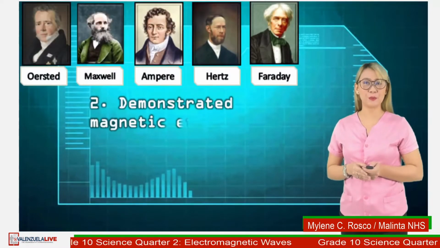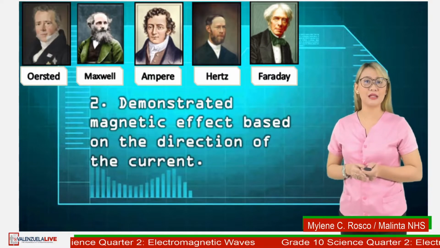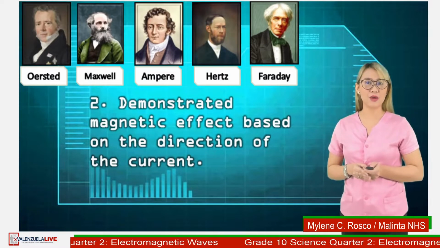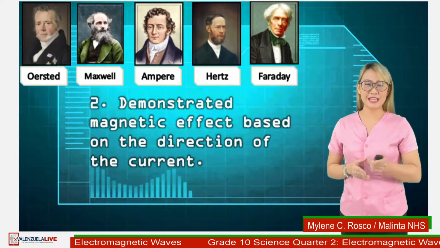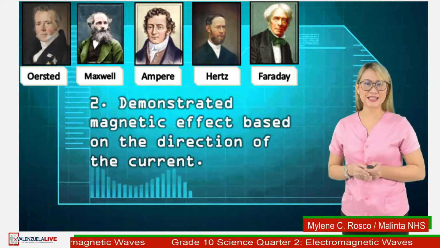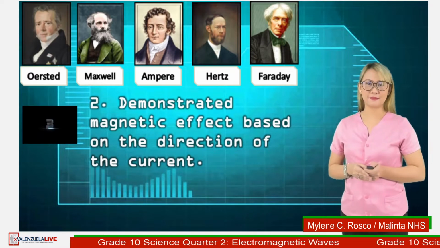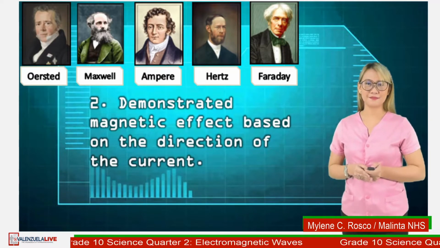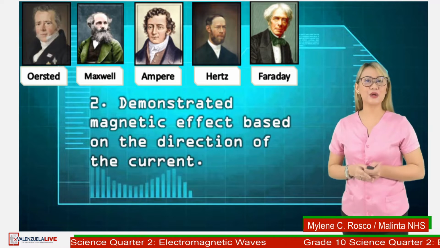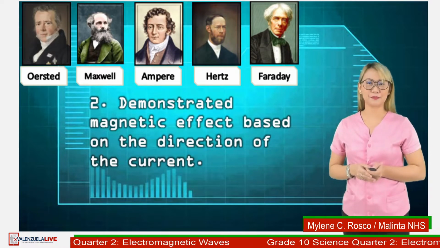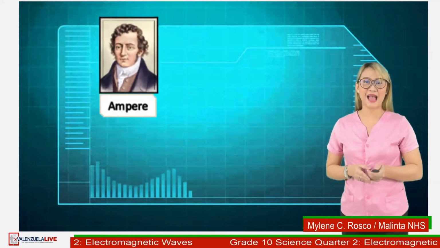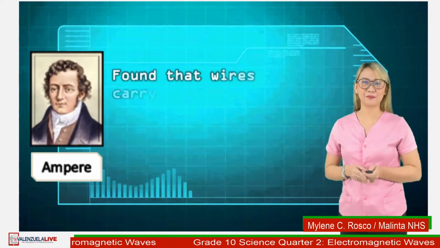Question number 2. He demonstrated the magnetic effect based on the direction of the current. Key in your answer. Your 5 seconds starts now. Time is up. The correct answer is André Marie Ampere.